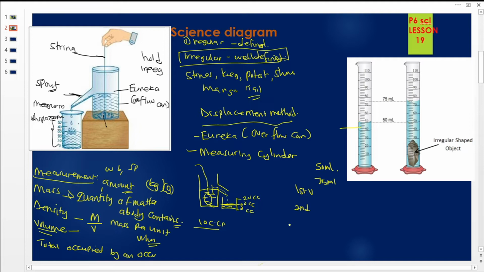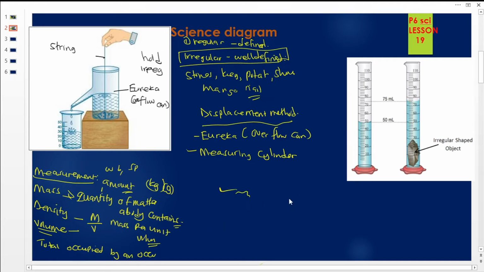So how do you get a difference? It will be the second volume minus the first volume, so 75 milliliters minus 50 milliliters. So what's the difference here? Let us first reduce the thickness here, so we get at least 1. We are getting 75 milliliters minus 50.